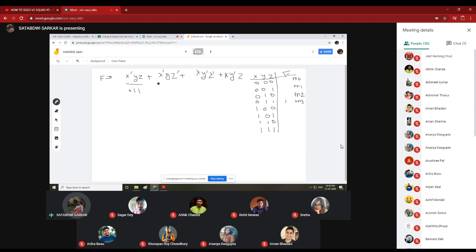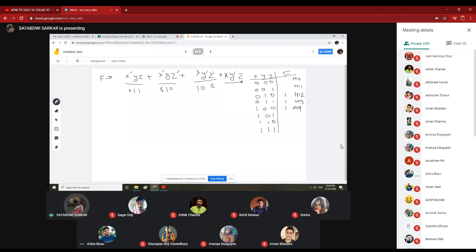Now, for this SOP term, what is the value? X bar, that is 0, y, that is 1, z bar, that is 0. So 0 1 0, that is 2. Now, what is the value of this SOP form? X, y bar, z bar, that is 1 0 0, so it is 4, M4.